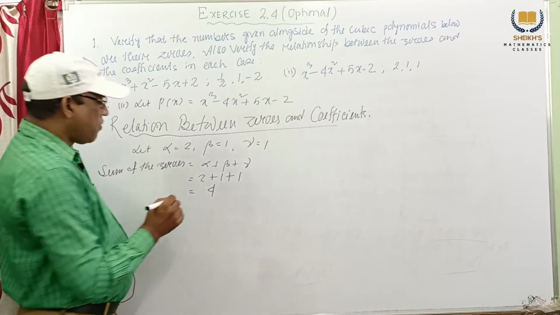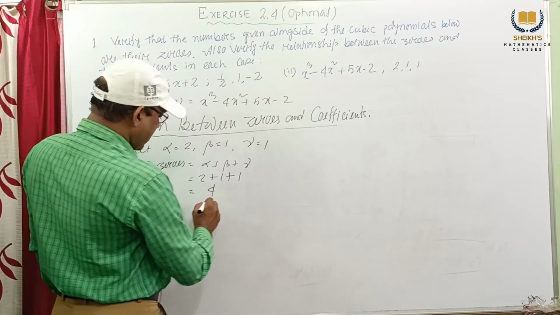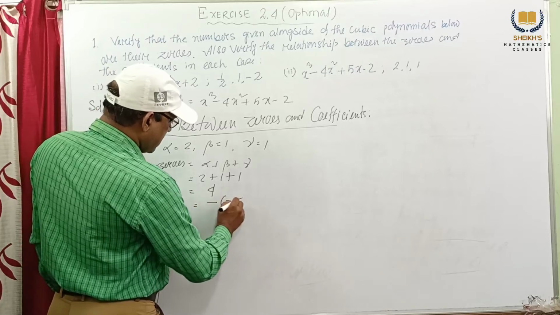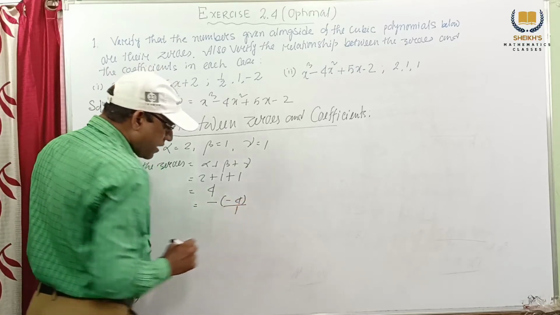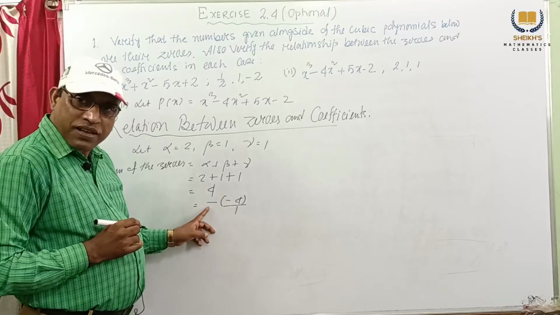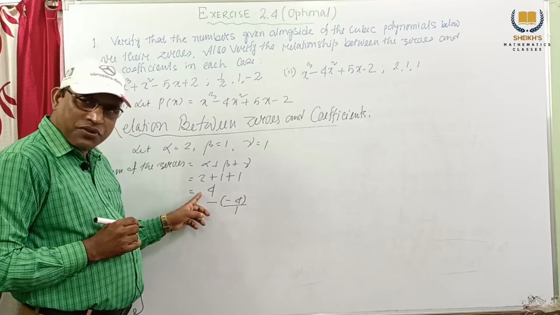That means 4 can be written as minus of minus 4 by 1. Minus times minus 4 by 1 is 4.